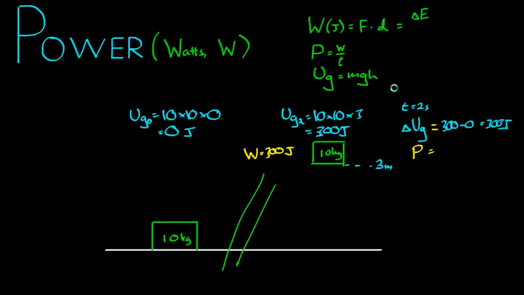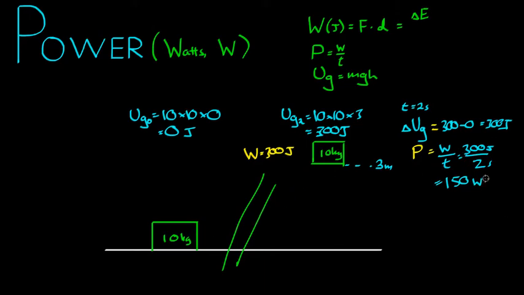So if power is equal to work over time, the power of whatever lifted the box, say it was some kind of machinery with a rope pulling, is 300 over 2 seconds, and the power was 150 joules per second, and joules per second is watts, so 150 watts to get the box from here to here.